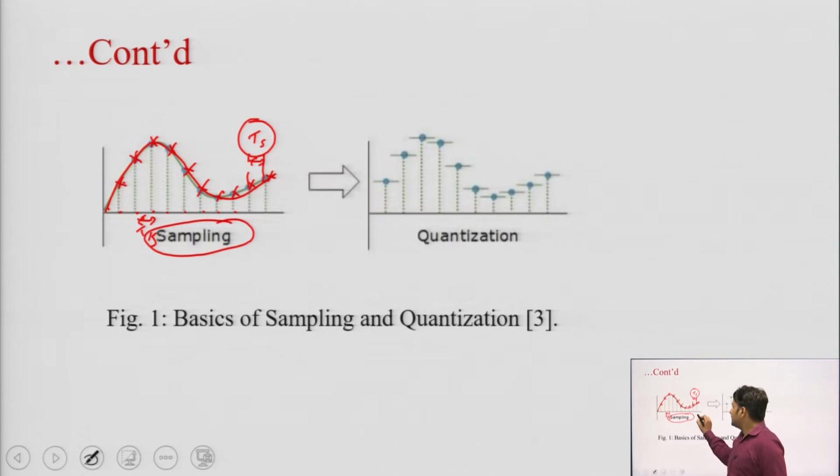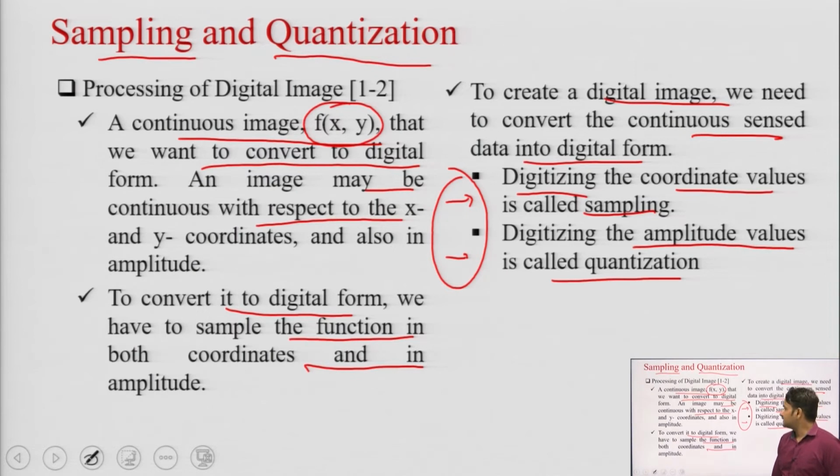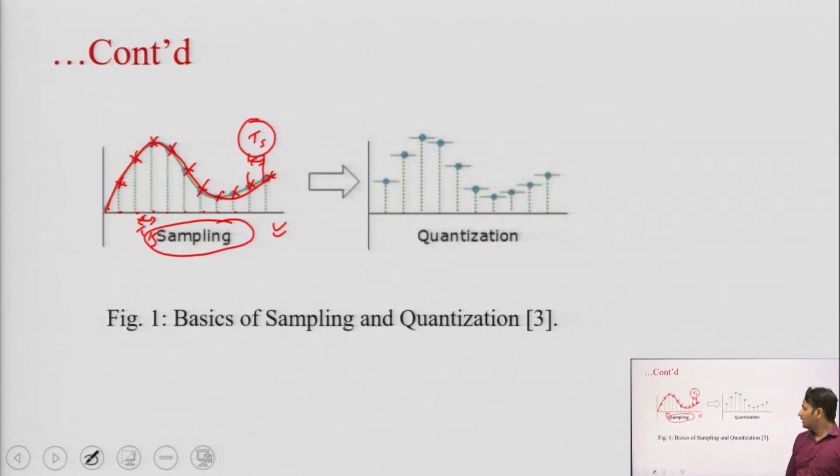here we are digitizing the x axis, okay, because the sampling portion we have to do. In the previous slide we have also defined the sampling portion. Digitizing the coordinate values is called sampling, and digitizing the amplitude value. Now, see, digitizing the amplitude value, this one. So, this is according to the amplitude value. On the y axis you are giving the amplitude value.